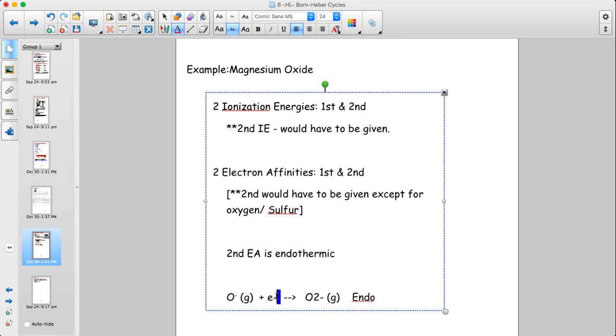So the first electron affinity is always exothermic. You've got Z effective coming together like this, Z effective coming together with that electron, and that change is going to be exothermic. Then the second electron is endothermic.